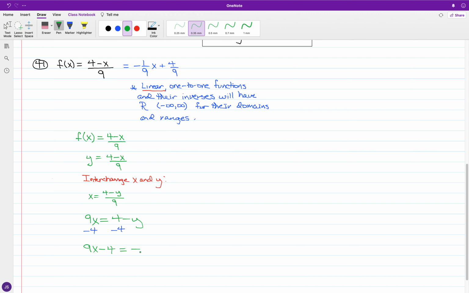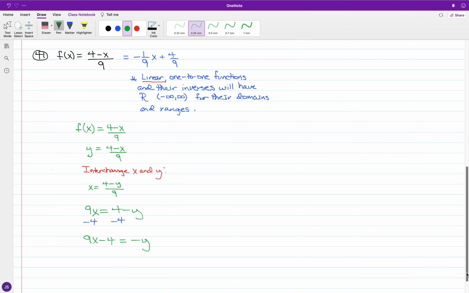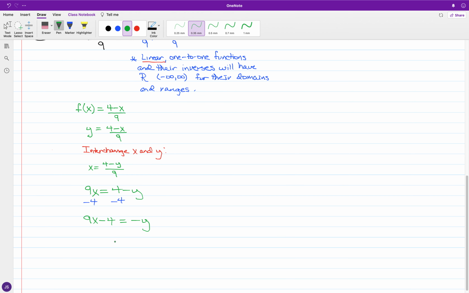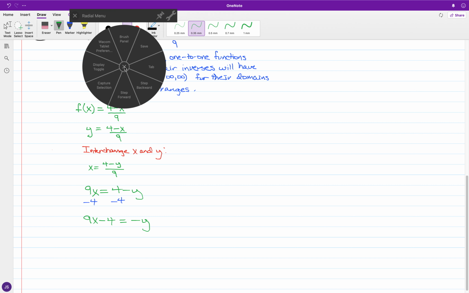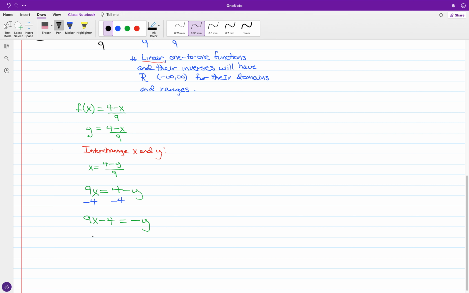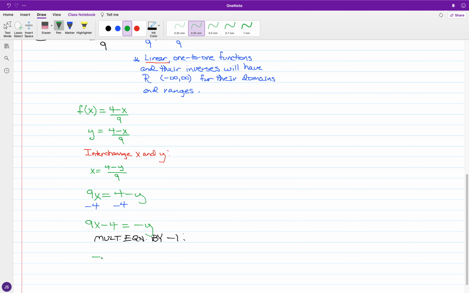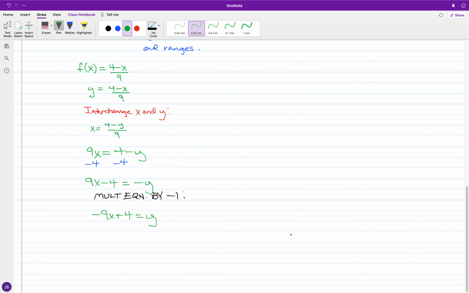we have 9x minus 4 is equal to negative y. And if I multiply or divide the equation by negative 1, just changing the signs here, in this case we're going to have negative 9x plus 4 is equal to y, and then upon switching sides, y is equal to negative 9x plus 4.